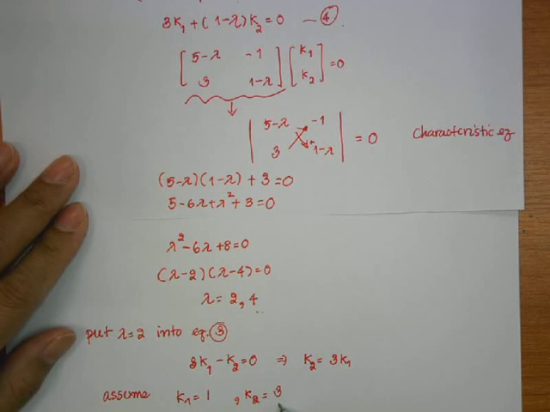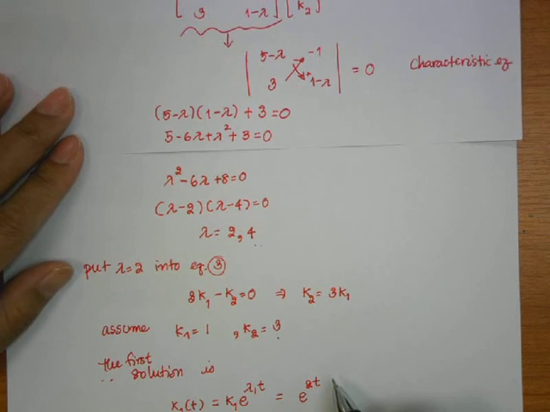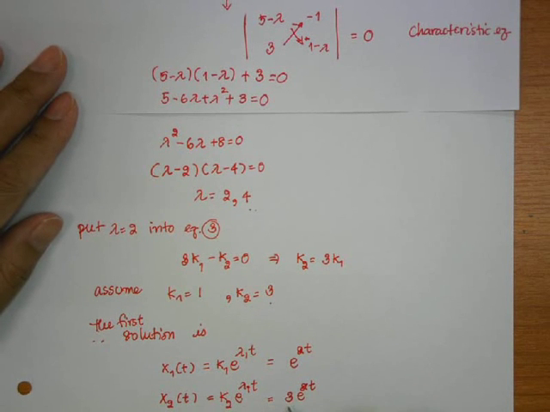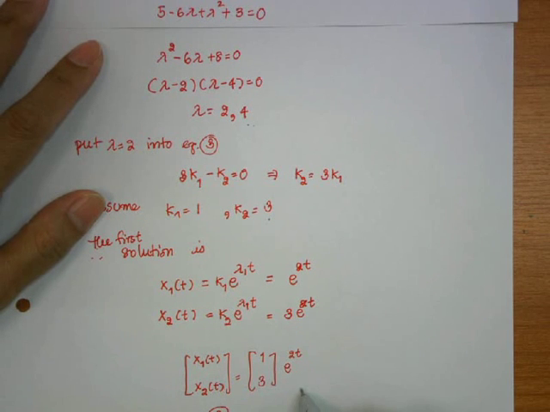That is the first step of the solution, saying that if lambda is equal to 2, you would get k1 equal to 1 and k2 equal to 3. So your x1 is equal to exponential of 2t, and your x2 is equal to 3 times exponential of 2t. Or if you want to write it in the form of a matrix, you would get this form.